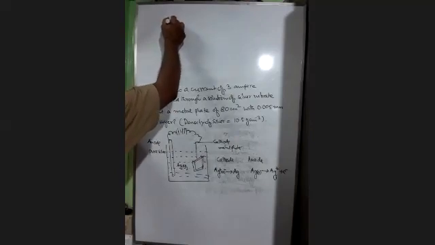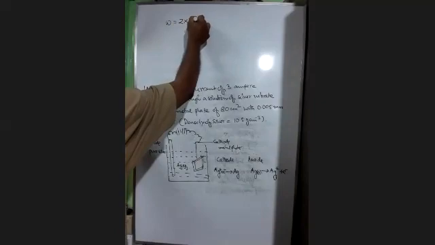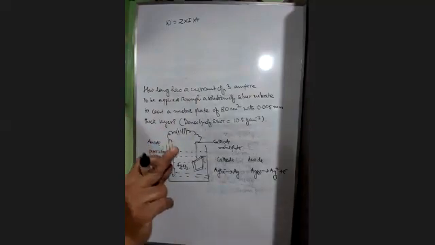The surface area is 80 centimeters. So we know the equation is W is equal to Z into I into T. Here they have given only I and nothing else. In a single equation, you can find the value of only one unknown. The other values must be provided.